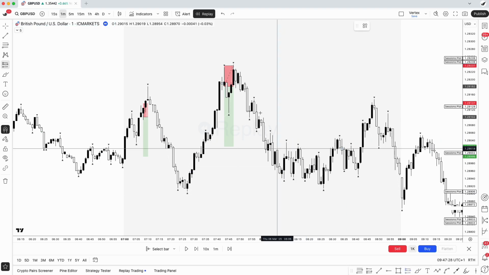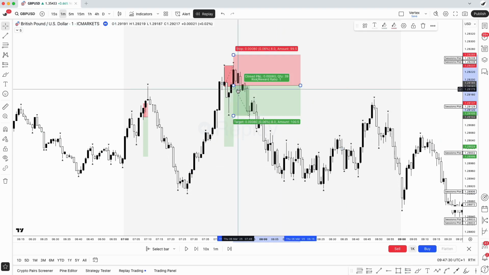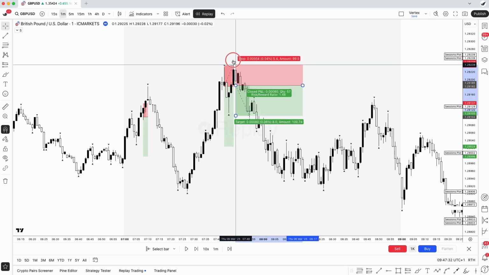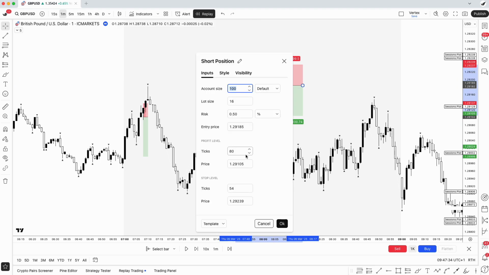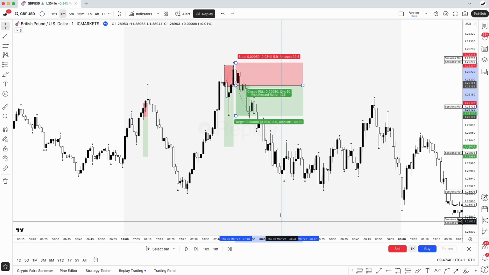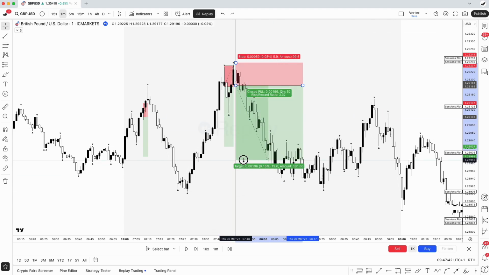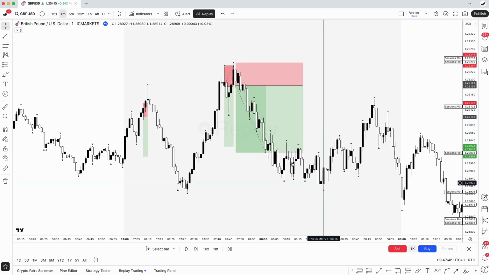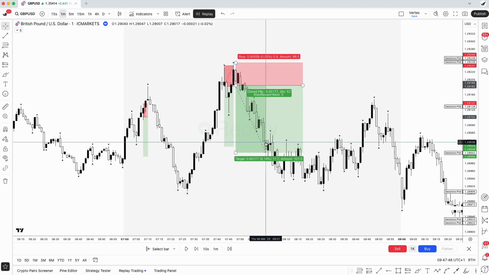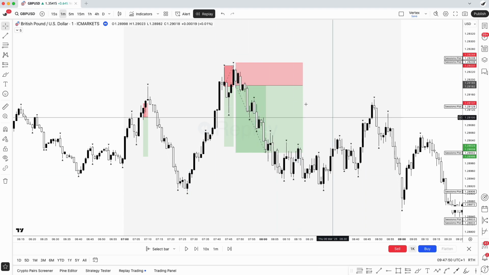So let's put our sell order here, our stop loss above the high, which is a big stop loss. What was that? 5.4. Okay, and then that will be a 3R target, which is somewhere here. Okay, and that's that done for the day. So -2 and then +1.